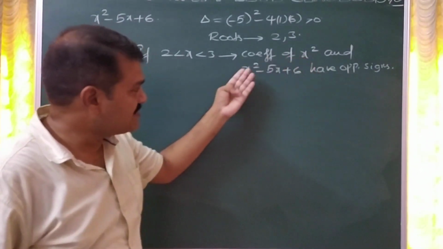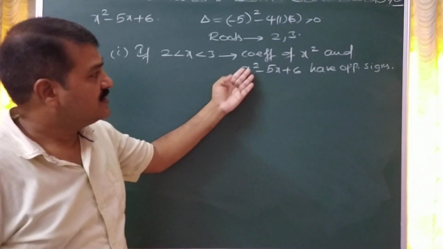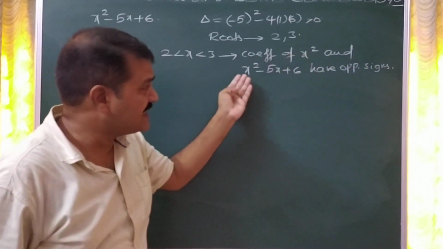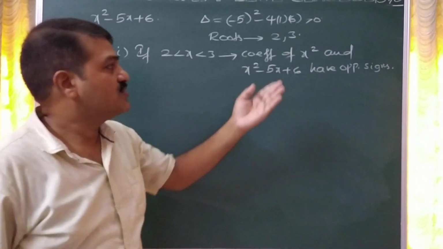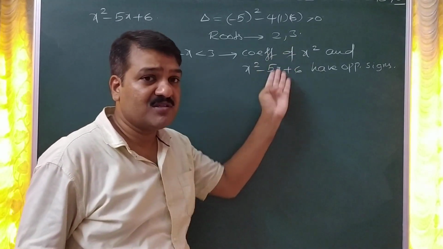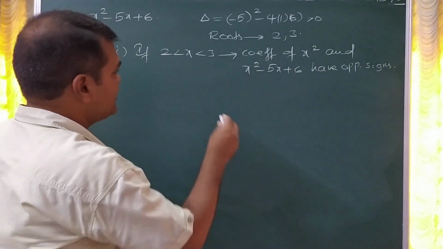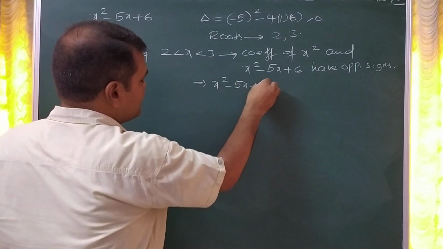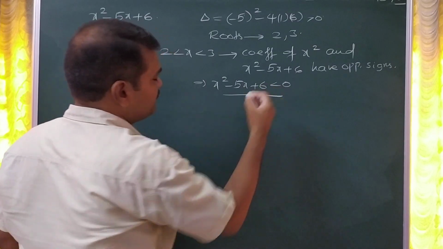The coefficient of x square is positive, that means the expression should be negative. The coefficient of x square is actually a fixed value, so since it is positive, the expression should be negative, because both of them should have opposite signs. This means x square minus 5x plus 6 must be less than 0.